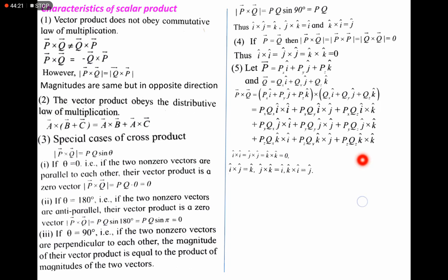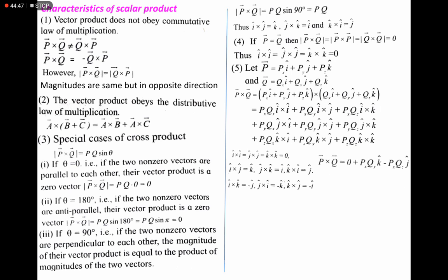Here i bar cross j bar, so we'll write k bar: px qy k bar. And here i bar cross k bar, definitely the rotation is changed, so we have to write minus j bar. So the next term is according to this multiplication of the unit vectors.